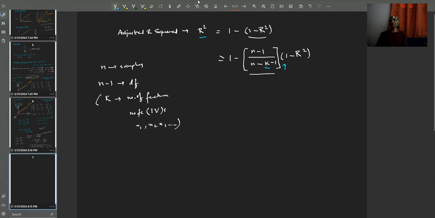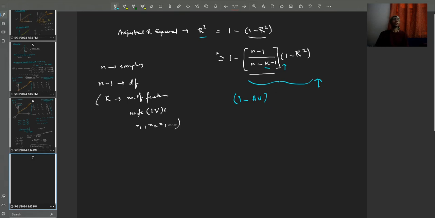The moment we introduce k into it, this portion of the value goes up. And when this part goes up, 1 minus a higher value, obviously this value comes down, right? So that is how it adjusts the simple R square to an adjusted value of R squared, which gives a better expression of how the increasing number of variables is impacting the R squared. So it gives a more accurate value.